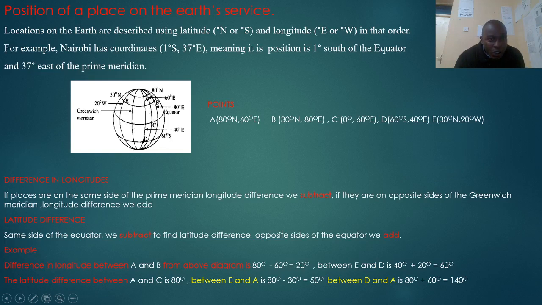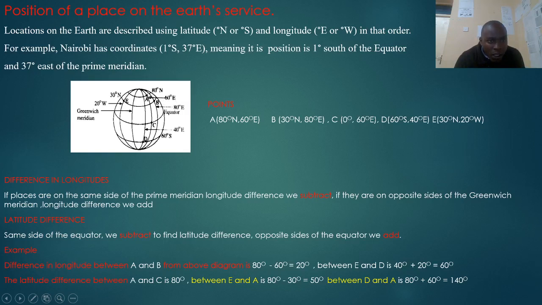Point A, you can see it lies on this latitude, and also lies on this longitude. Now you have to look keenly and see what the latitude is, and what the longitude at that point is. The longitude here is 60 degrees east.